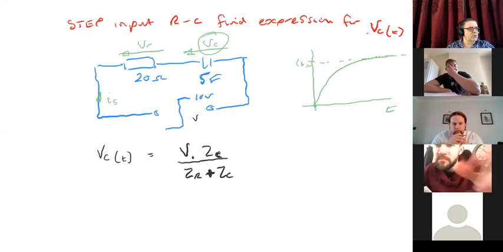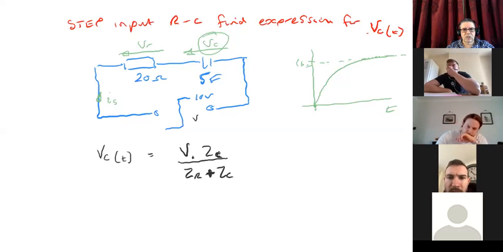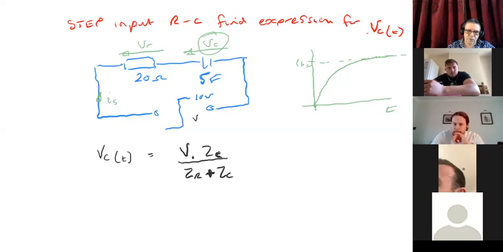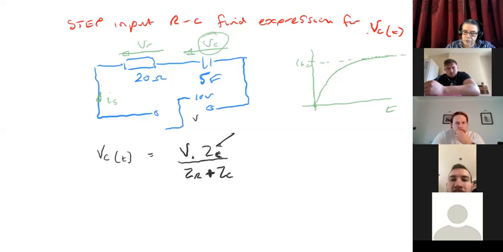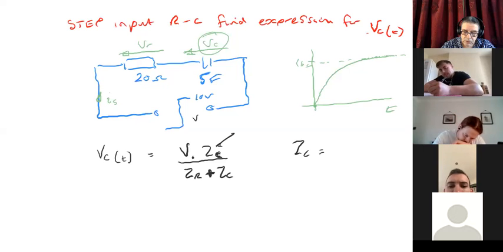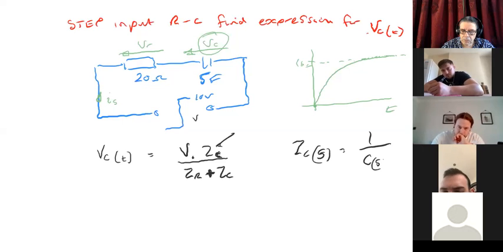So what we then do, like we did before, is write expressions for these quantities in the S domain. So ZC in S is equal to 1 over CS, from your table.